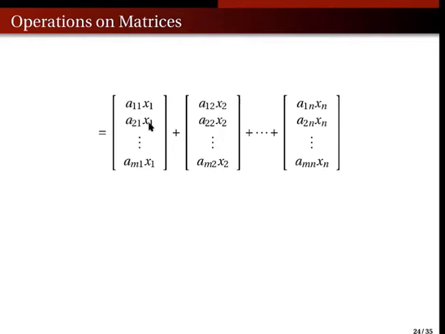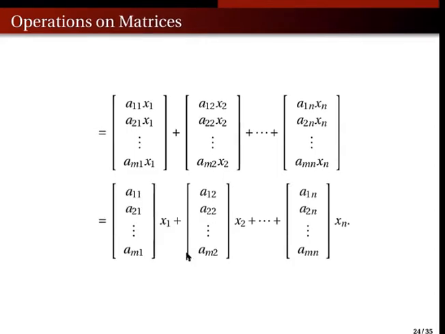So you can think of x1 as the scalar for this column vector, x2 as the scalar for this column vector, until xn for this column vector. So you can bring it out of the matrix and get these: A11, A21 until AM1 multiplied to x1, A12, A22, AM2 multiplied to x2, until A1n, A2n, AMn multiplied to xn.